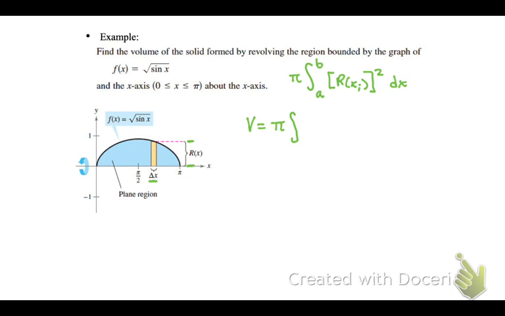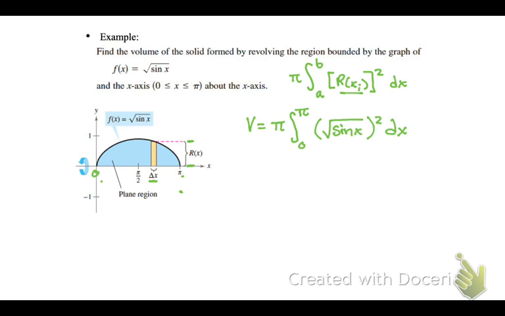Well, what's my a and what's my b? 0 to pi. And then this is just the function squared, like the square root of sine x. So we have the square root of sine of x, squared, dx.